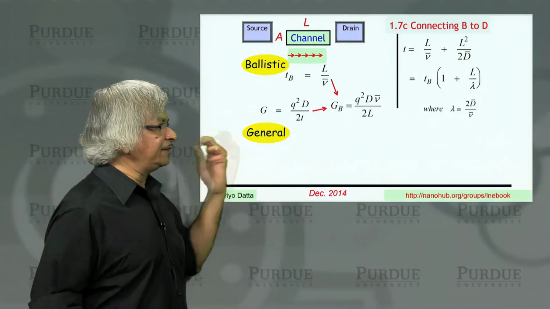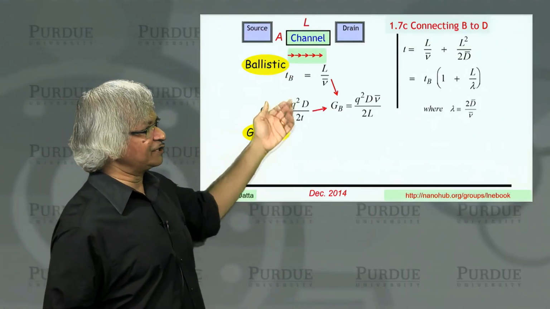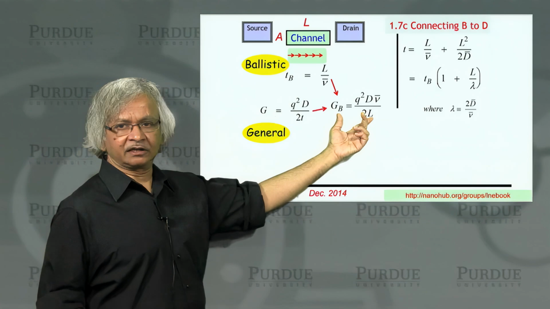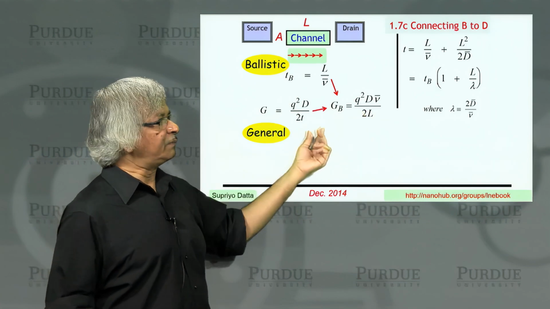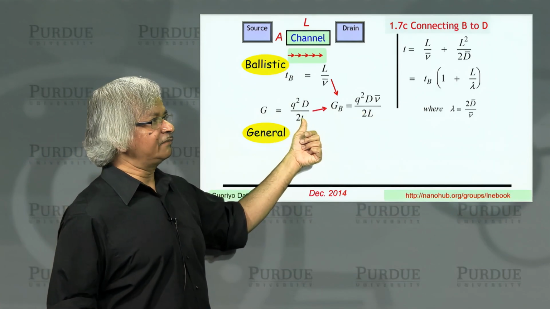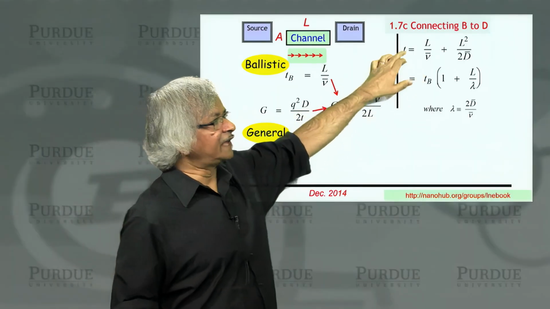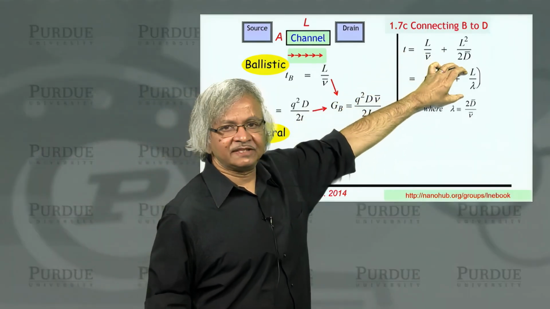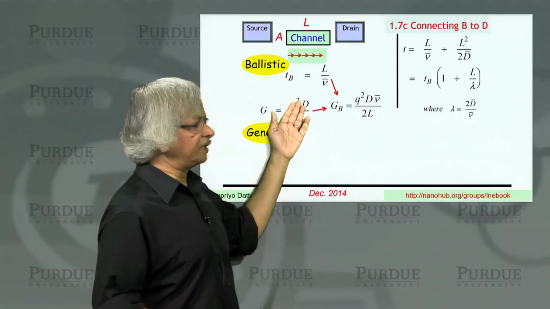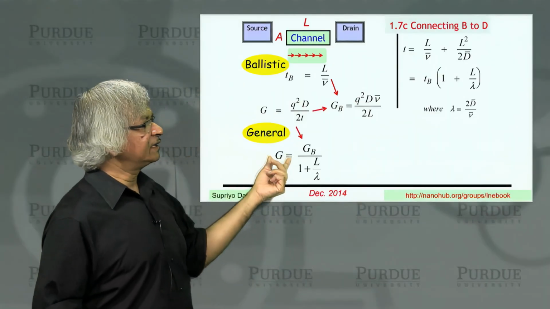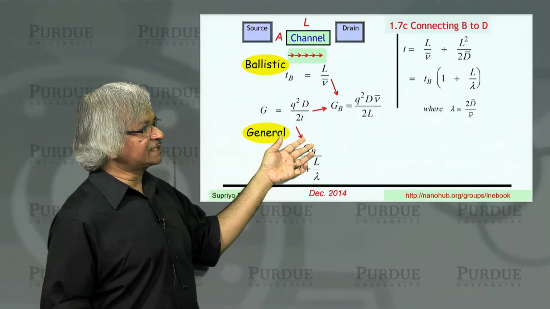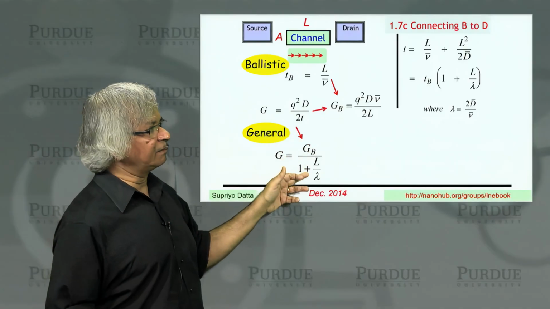So if you now combine that, for the ballistic case, we had an expression for ballistic conductance that we obtained before by putting the ballistic time for T. But now let's say we use this one. So we have the time is the ballistic time times that factor. So let's use that here. What you'd get then is the conductance would be the ballistic conductance divided by that factor.